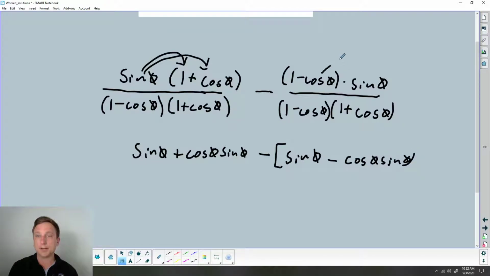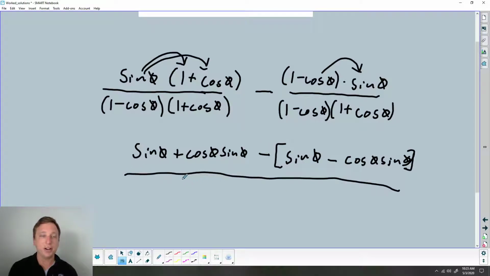I got that minus by distributing the negative into the sine theta, or vice versa, whichever way we want to distribute. So there we have it. And this is all over that common denominator of 1 minus cosine theta times 1 plus cosine theta.